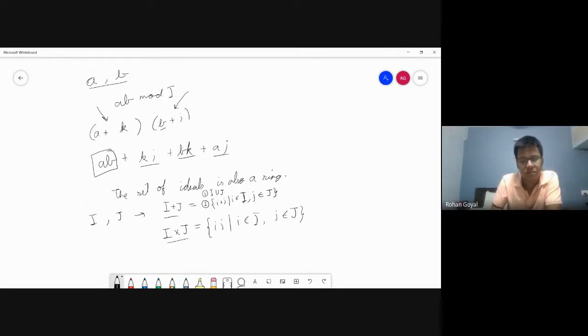Okay, so why is I plus J, can you see this definition, why is I plus J also an ideal? Anyone?